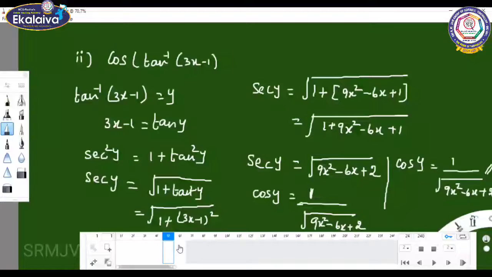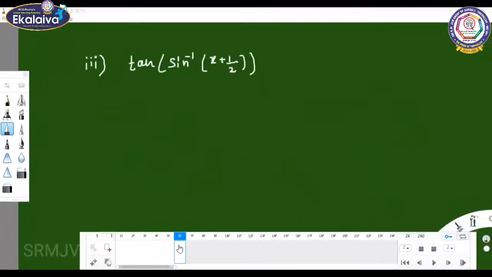See this third subdivision. You can take the value sine inverse of x plus 1 by 2 equal to y.